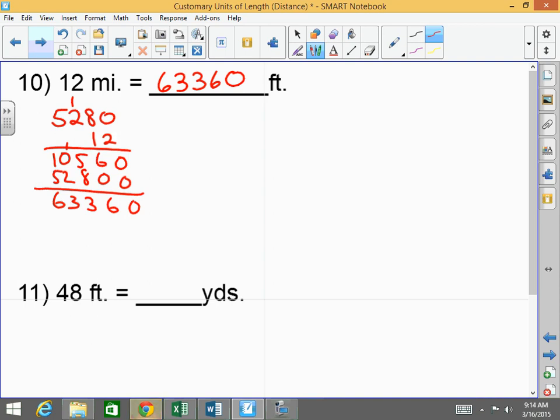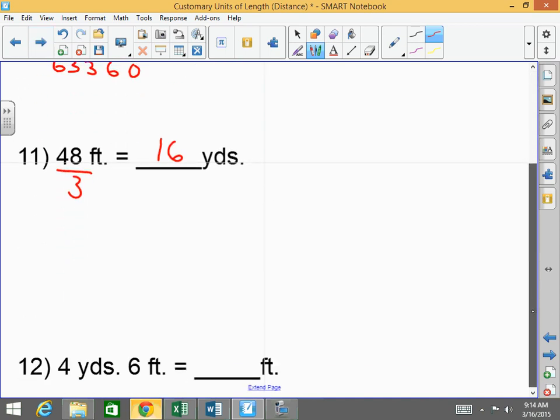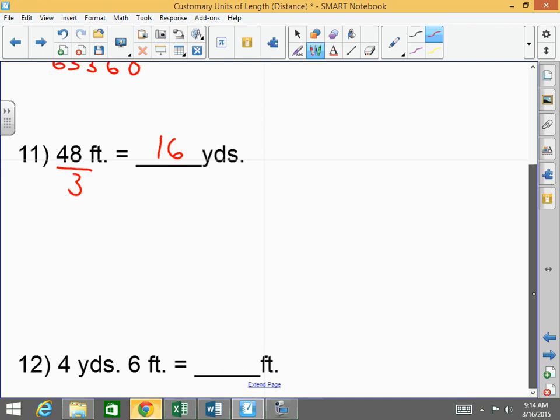48 feet into yards. Am I going from small to large or large to small? Small to large. So do I multiply or divide? Divide. 48 divided by 3 feet in every yard is 16 yards. And last but not least, I want 4 yards, 6 feet, all in feet.